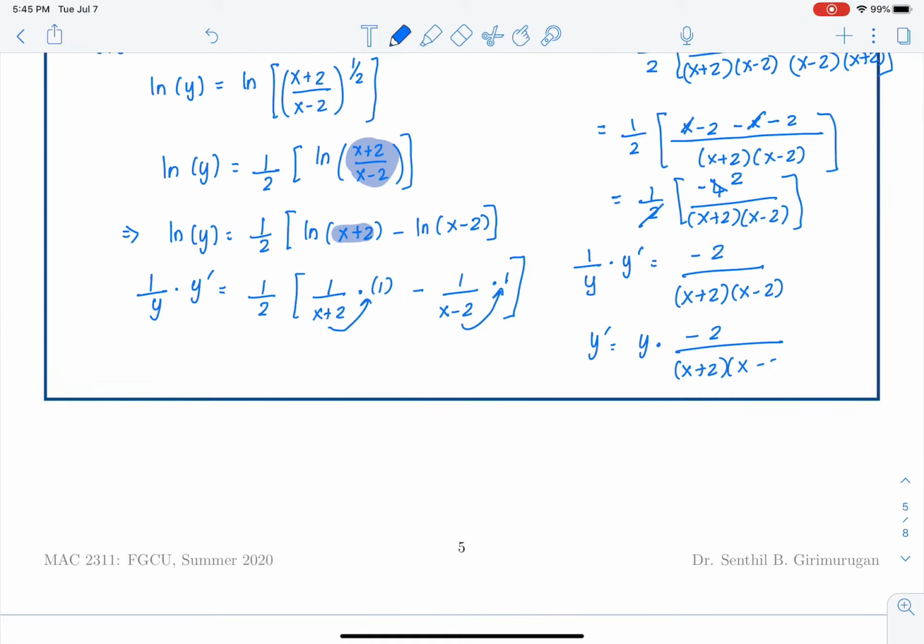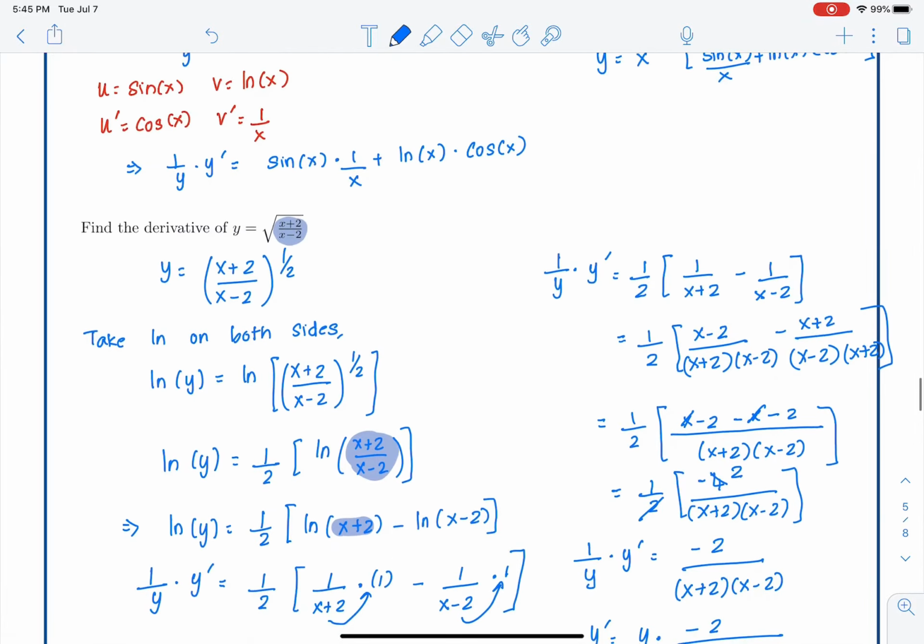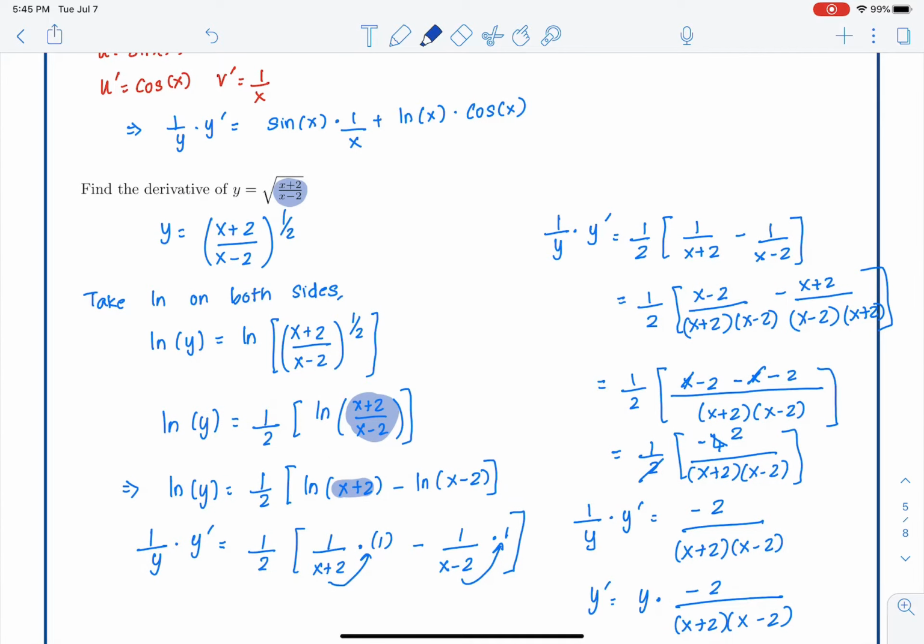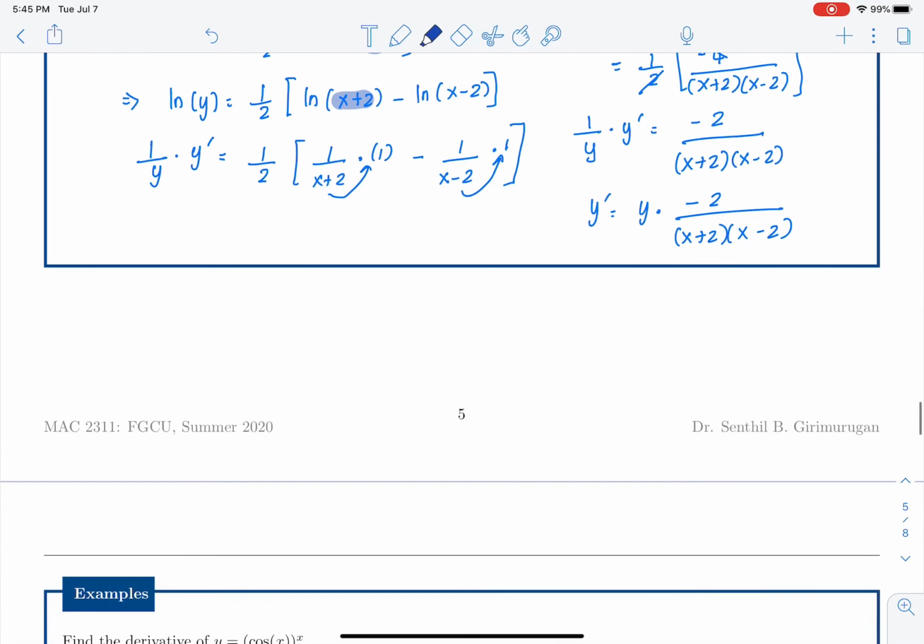And since we already know that y is x plus 2 over x minus 2 raised to 1/2, I'm just going to plug that back in, times negative 2 over x plus 2 times x minus 2. And that would be the final answer.